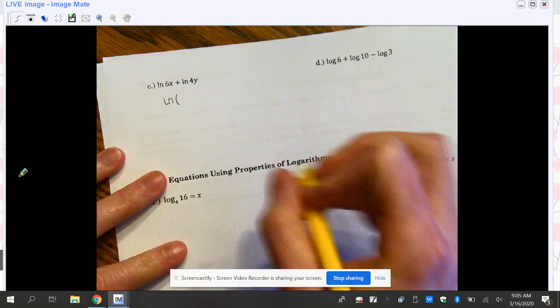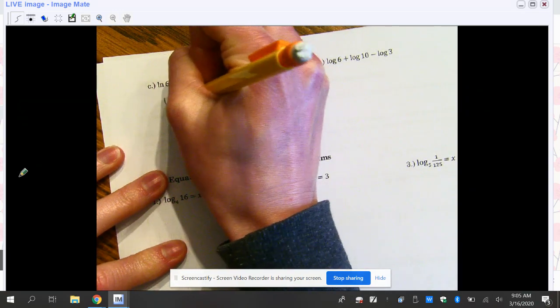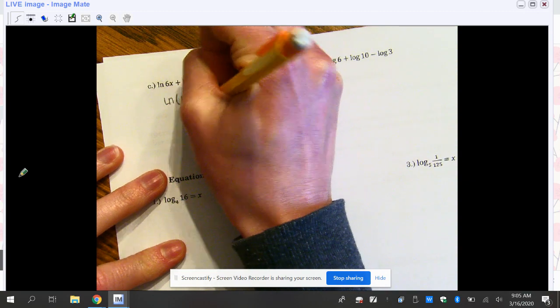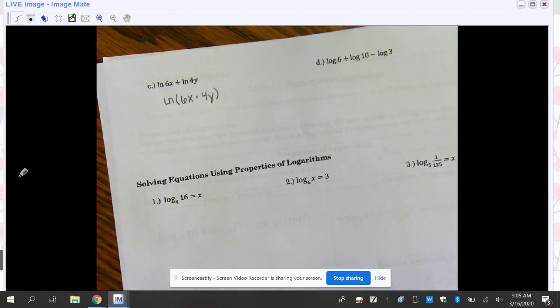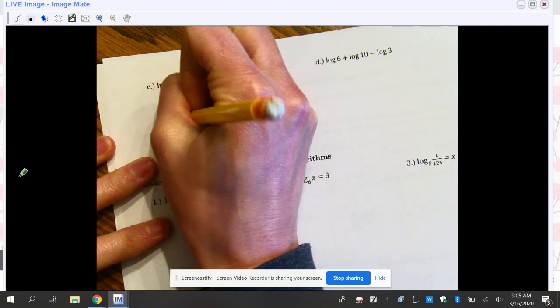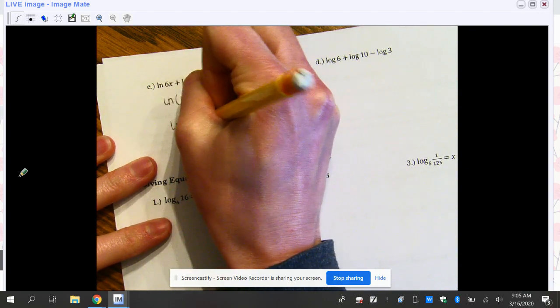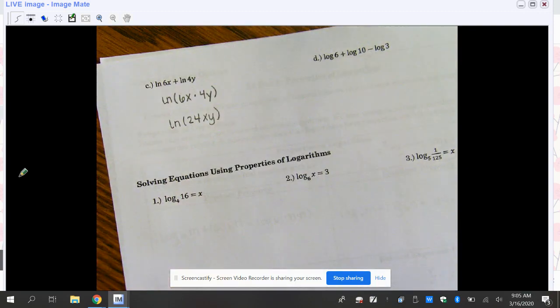So I'm going to have to take 6x times 4y. And so now we multiply together our like parts. So I can multiply the two coefficients to get 24, and then x times y. That would be my final answer there.